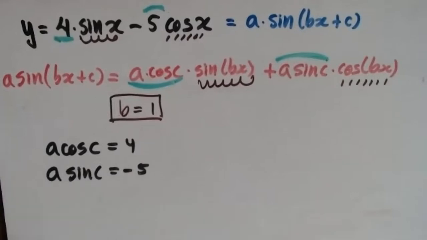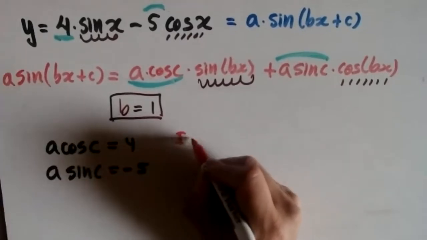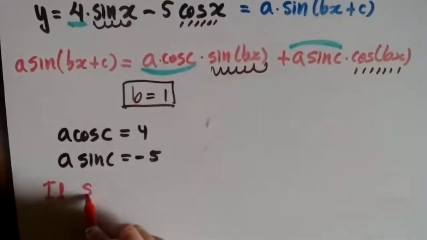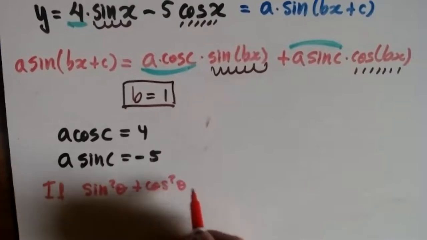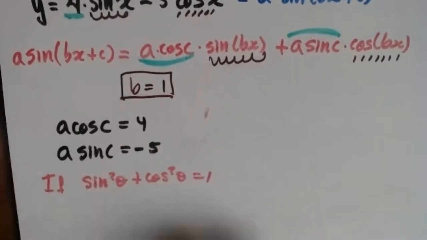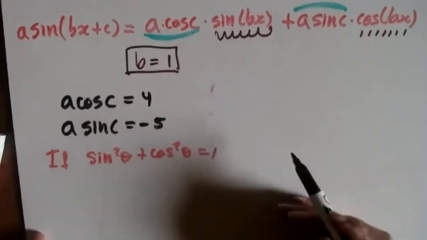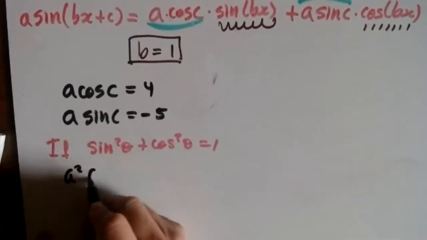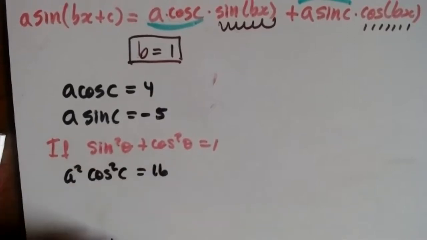Okay. Now what I'm going to do is exactly the same. Since sine square plus cosine square is 1, I'm going to square these ones and add them. So I'm going to have a square cosine square c equals 16.